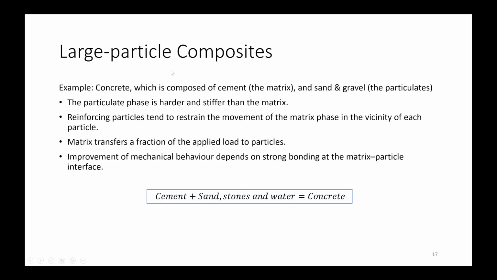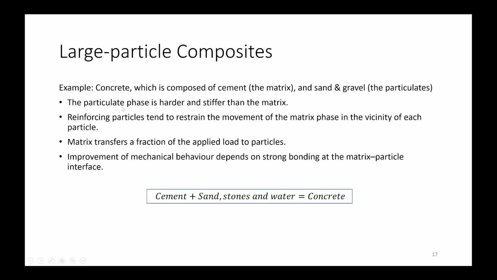Now, large particle composites. An example is concrete, which is composed of cement. Cement will act as matrix, and sand and gravel that we mix in are in the form of particulates.